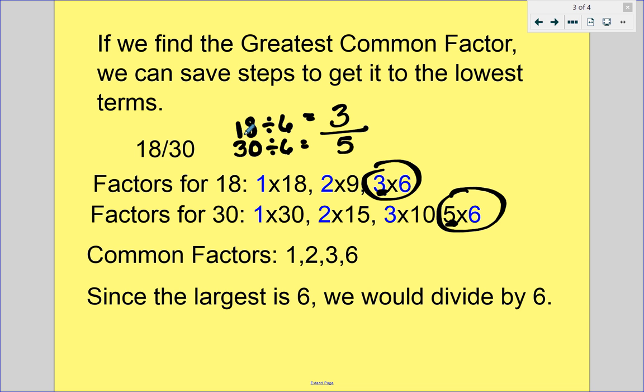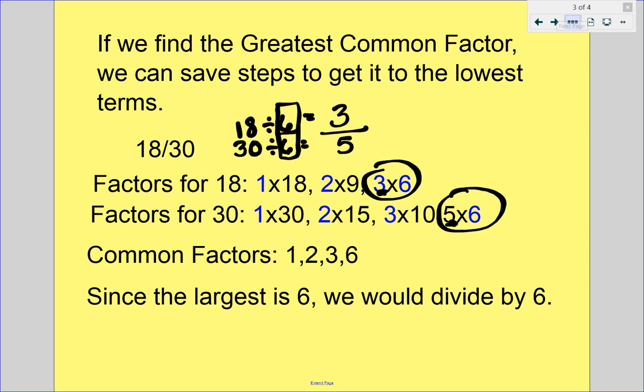So I have 18 divided by 6 equals 3, 30 divided by 6 equals 5. Remember, this is just like dividing by 1, since 6 over 6 is the same as 1. We're just making it into the simplest terms possible, because 3/5 is a little bit easier to understand than 18/30 when we look at it.